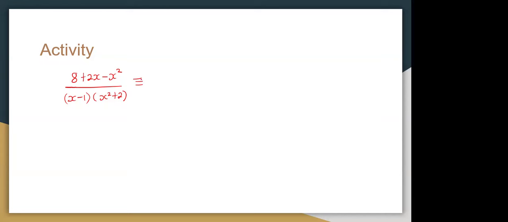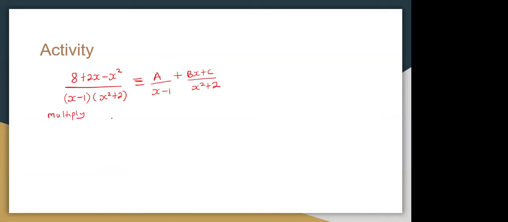A over x minus 1 plus bx plus c divided by x squared plus 2. So I multiplied through.